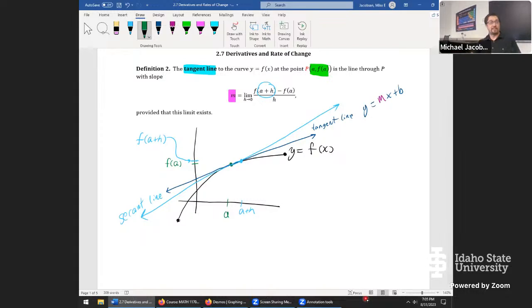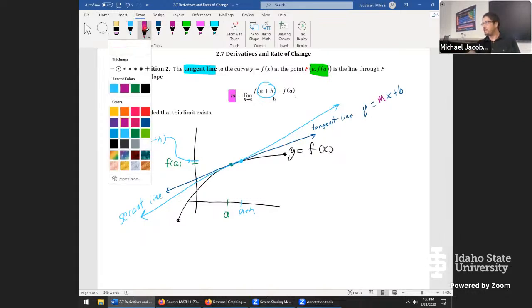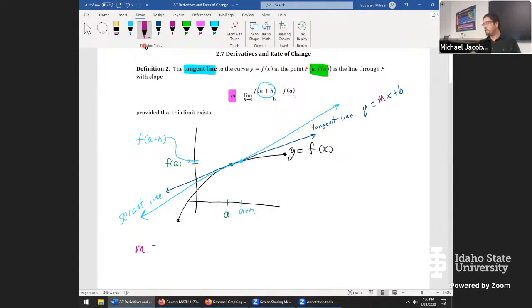You need 2 points to calculate a slope. But if we're dealing with the secant line, here's how the slope is calculated. We'll go m equals, then we take f at a plus h. That's going to be this top coordinate, subtract f of a. So it's the difference of the y values, the outputs, divide by the difference of the x values, the inputs.